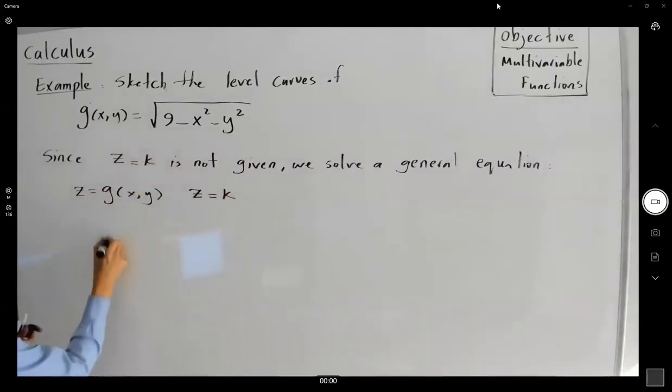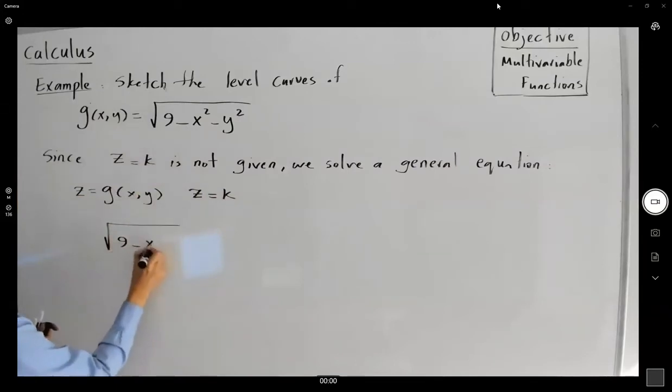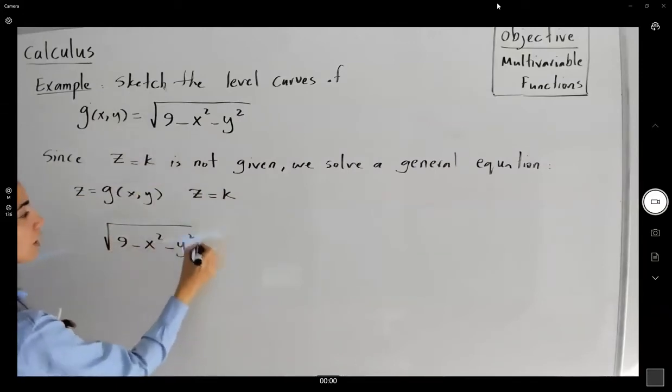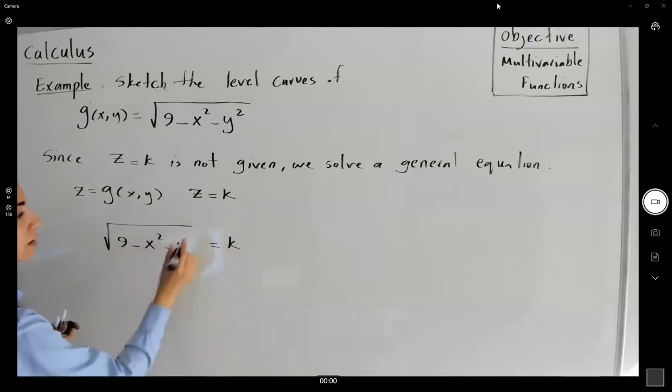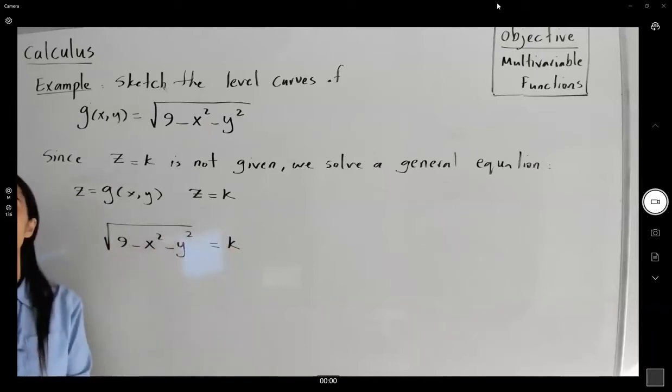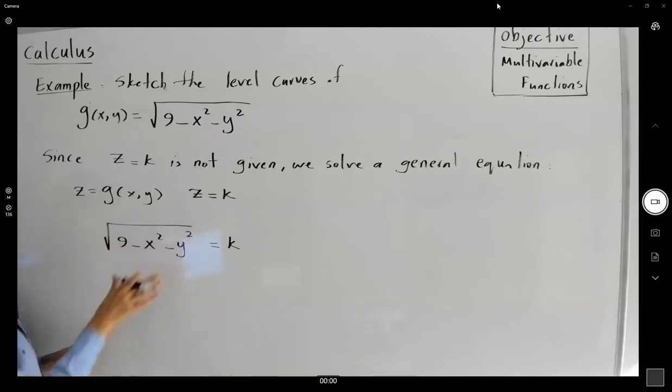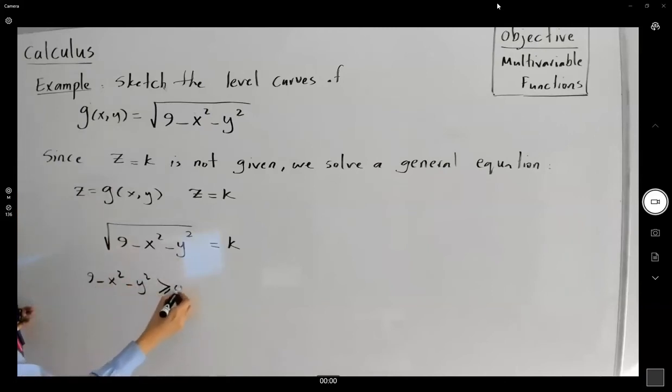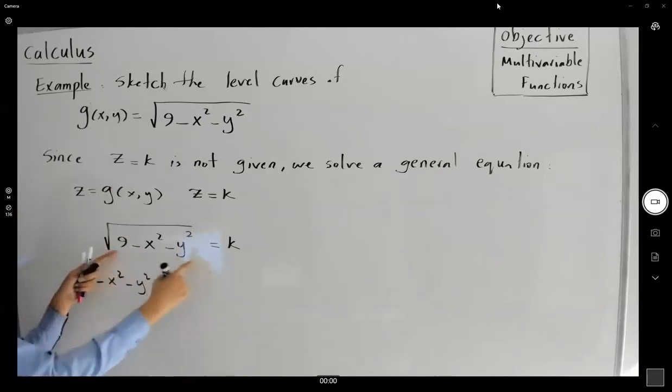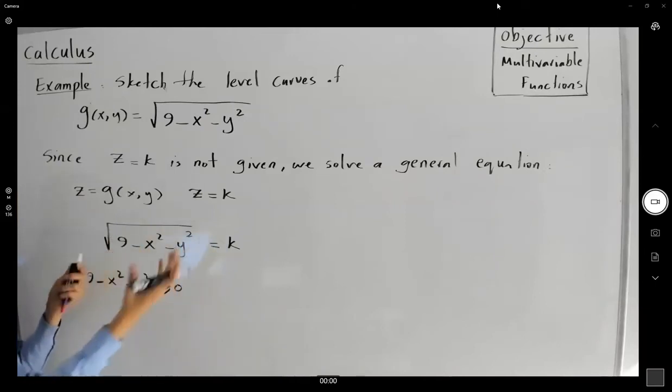It means that we have the square root of 9 minus x squared minus y squared equals k. But what is this equation? First of all, note that inside the radical you have a quantity, and this quantity must be greater than or equal to 0. So 9 minus x squared minus y squared must be greater than or equal to 0, because it is inside the radical.